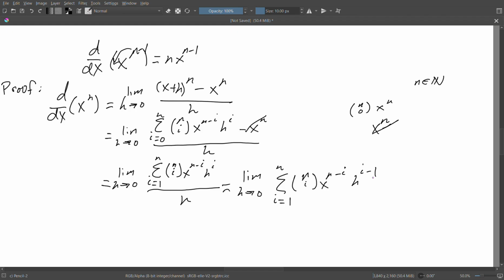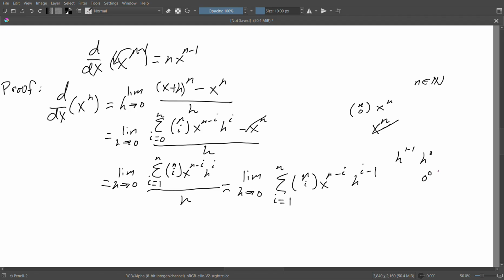And in fact, when you do that, all of the terms except for 1 are going to vanish. Which term is that? That's going to be the i equals 1 term. So when i equals 1, this is h to the 1 minus 1, that's h to the 0. And when I put in h equals 0, I get 0 to the 0.